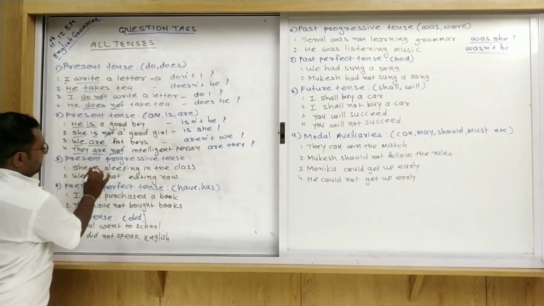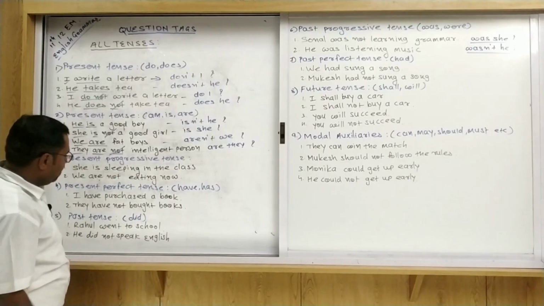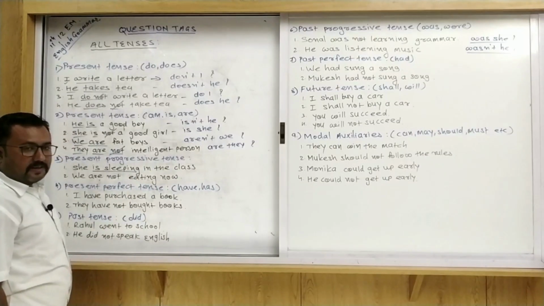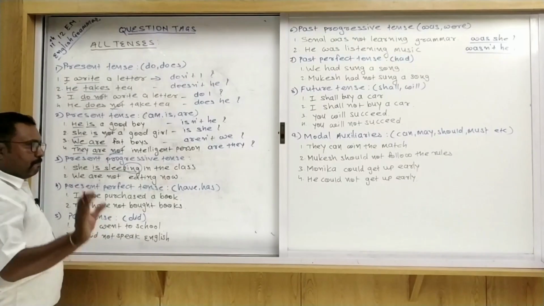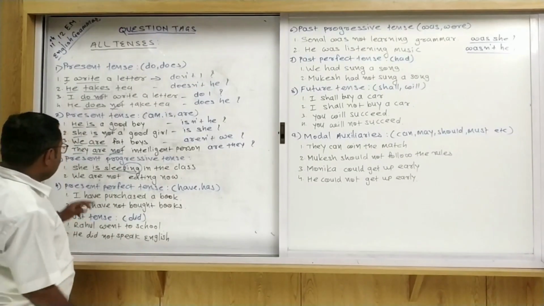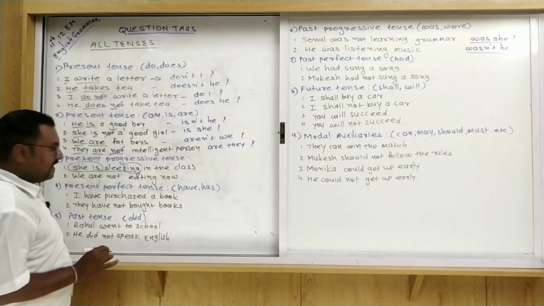Now see, present progressive tense, am, is, are plus ing. She is sleeping in the class. So here the ing form is used, but don't write the ing form in the question tag. You just see that only she is.